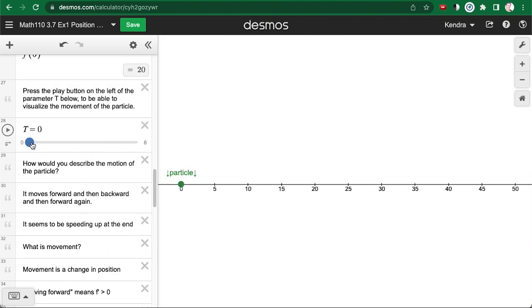So the first one, it's slowing down, moving from 0 meters to 4 meters for the first second. And then the next 2 seconds, it's moving backward, but thinking about how that movement goes, I am speeding up for the first second and then I have to slow down, which kind of makes sense.